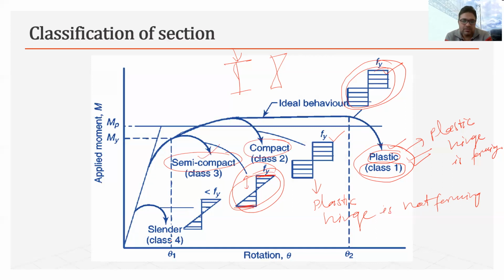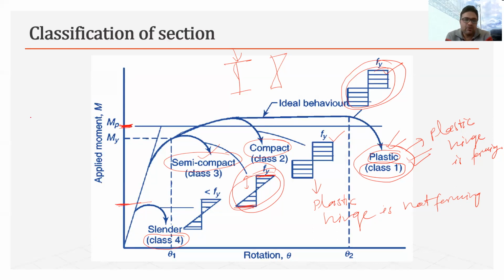Similarly, in case of class 4, we can say that class 4 is a kind of section which is not able to utilize its full strength. So a plastic section can utilize its full strength, while a slender section will fail at this stress. While it can take stress up to this one, it can have moment of resistance up to the MP value, but at this moment of resistance, it is buckling or failing.